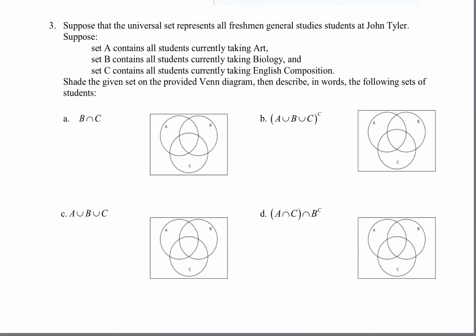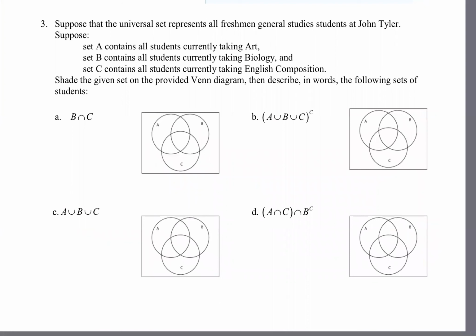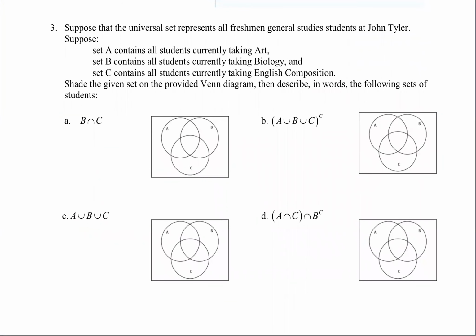Okay, so moving down, this one now involves not just the Venn diagram, but also writing it in words. So we can have what the set means, but also what it means in words. So A is all students taking art, B is biology, C is English comp. So if we want B intersect C, it's right here.